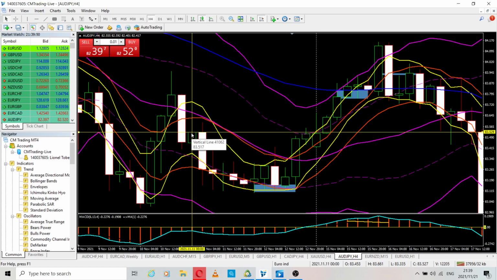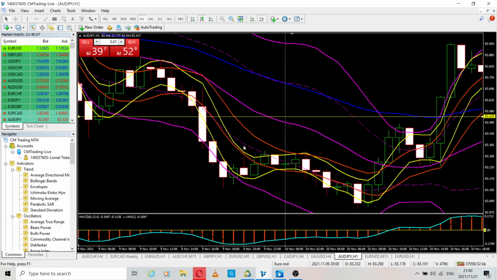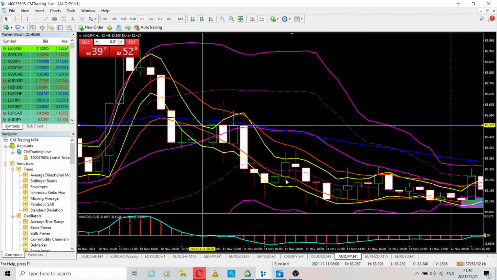So I have the first R, so I'm looking for the second letter of the code, which is an extreme or re-entry. So I'm going to look on the lower time frame, which is 1 hour. When you look on 1 hour, this was the first candle, second, third, the fourth one.